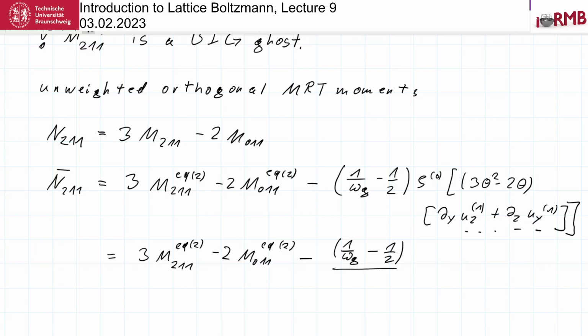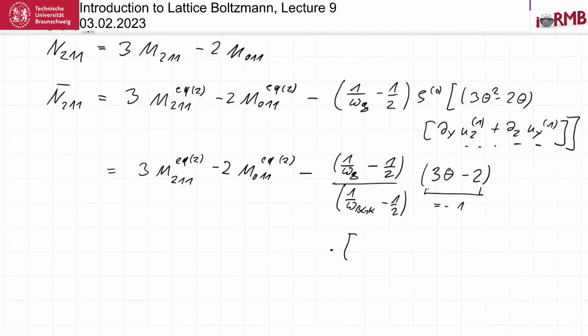It has not been eliminated. Divide this by omega bgk minus 1/2, and we put in 3 theta minus 2, actually this guy here gives us a minus 1. And this multiplies with M011 to second order minus rho 0 u uy to first order and u z to first order.